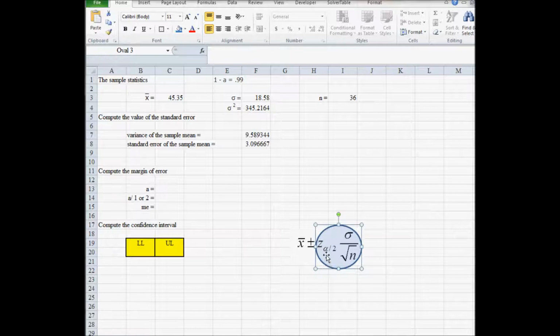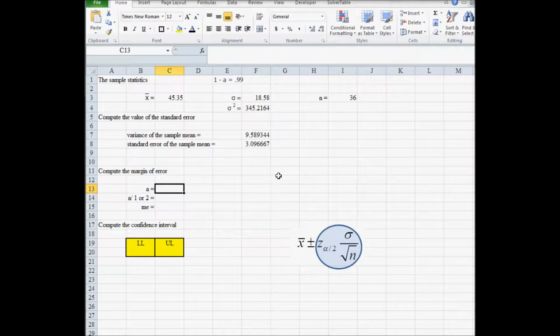So the first thing we have to do is get the area in each tail of the standard normal distribution. Alpha divided by 2 is the area in the upper tail of the distribution, and alpha divided by 2 is the area in the lower tail of the distribution. Recall that 1 minus alpha is 0.99.